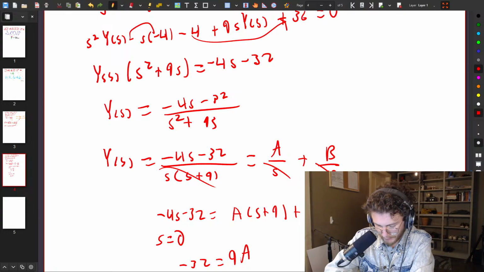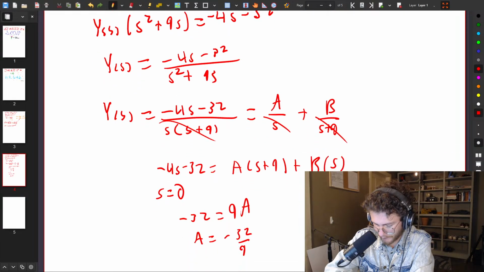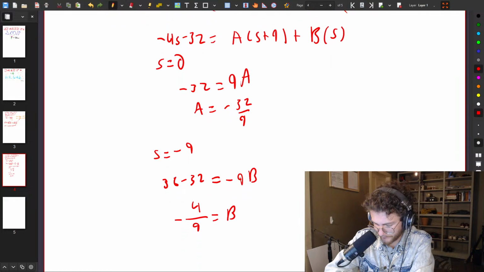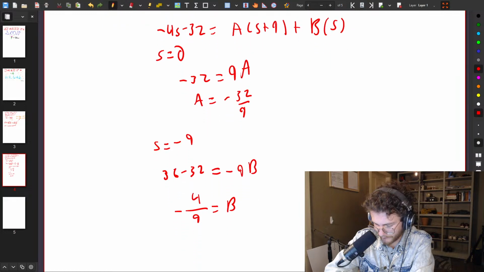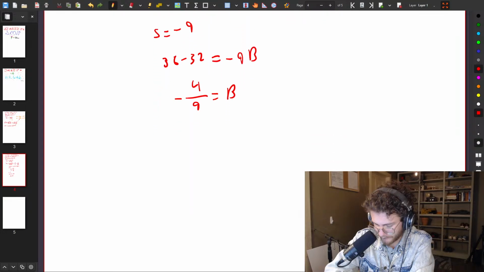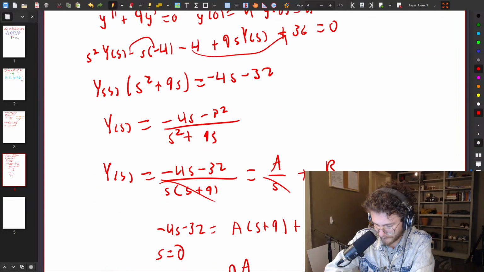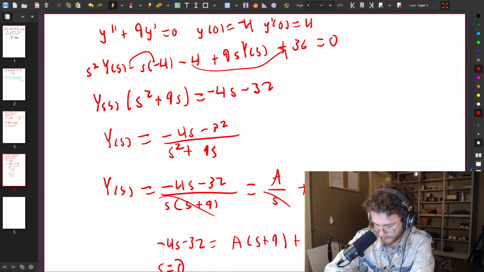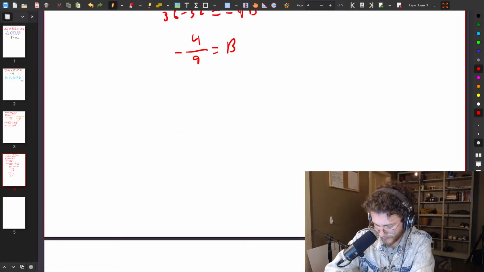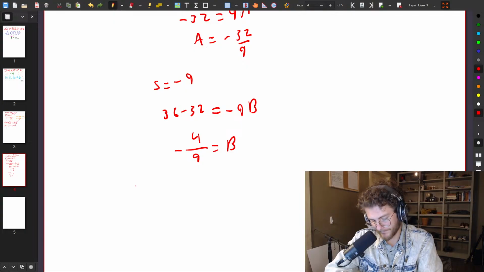So, y of s equals... Okay, so we've done that part of the partial fractions.